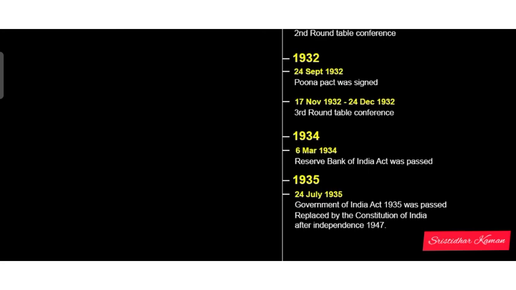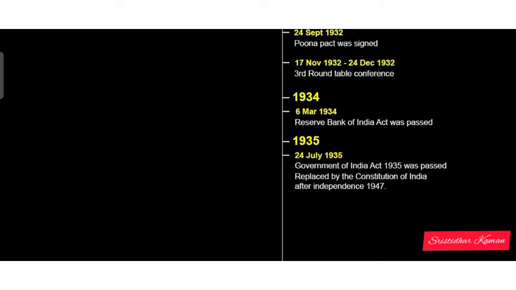The Government of India Act 1935 was replaced by the Constitution of India after independence. The Indian leaders were not enthusiastic about this act, since despite granting provincial autonomy, the governors and the viceroy had many special powers. Then separate communal electorates were a measure through which the British continued the divide and rule policy and ensured the Congress party could never rule on its own.